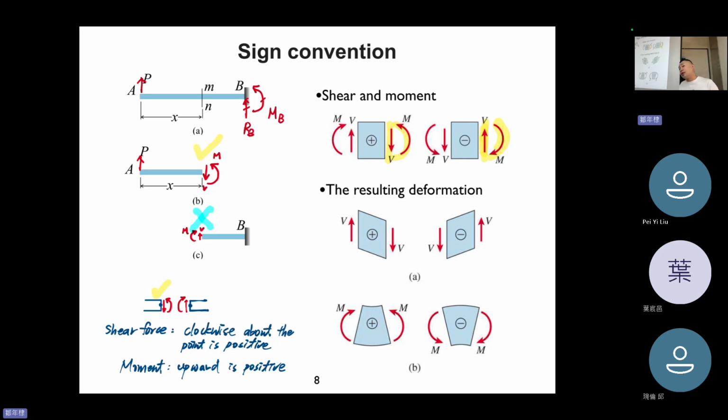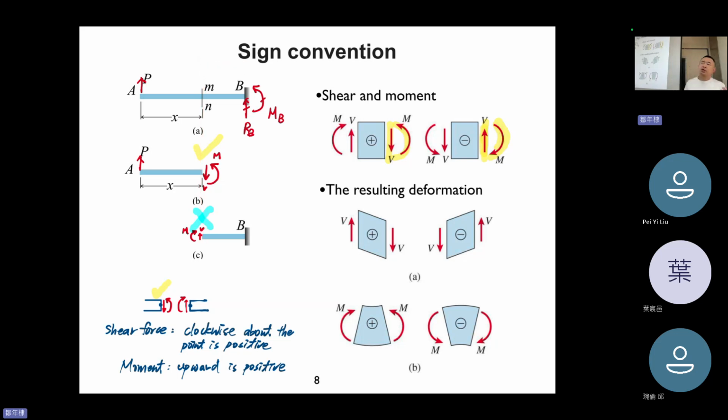When we need to get the internal shear or moment or any other force, we just need to cut it. The only thing we need to pay attention to is that we leave the left hand side. We are not going to leave the right hand side in this chapter.